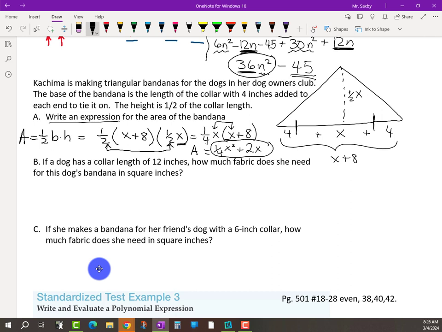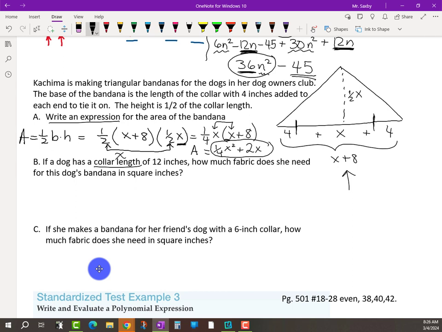If a dog has a collar, remember x is the collar length in our example over here, our model. If a dog has a collar length of 12 inches, how much fabric does she need for this dog's bandana?